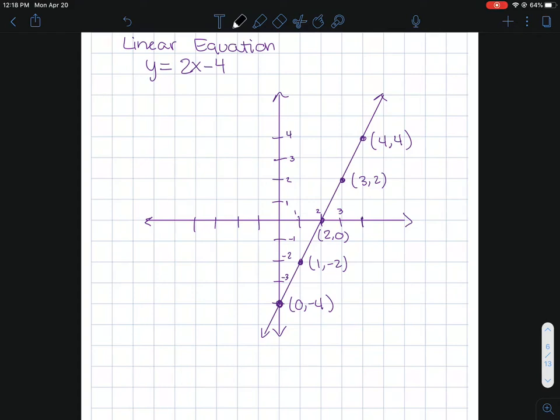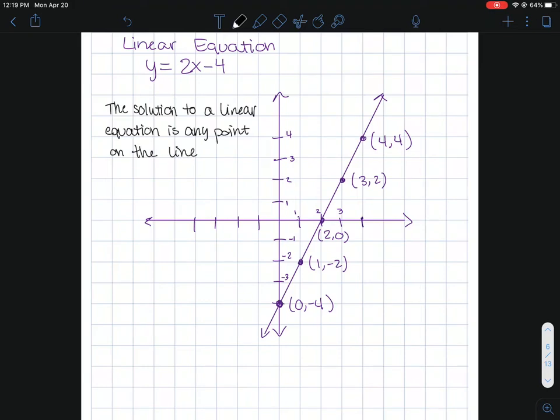But sometimes when asked, what's the solution to a linear equation, we're not sure what that means. So the solution to a linear equation is any point on the line.